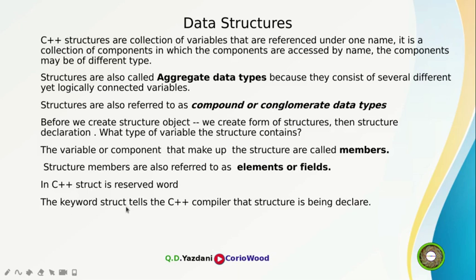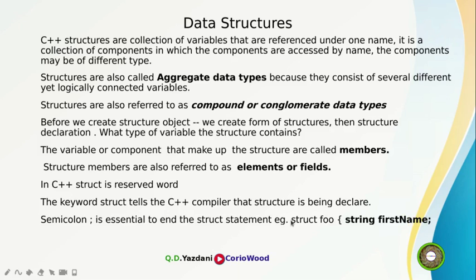The keyword struct tells the C++ compiler that a structure is being declared. So you cannot use struct thinking it means nothing in C++. When you declare struct, the compiler assumes you intend to begin your structure.